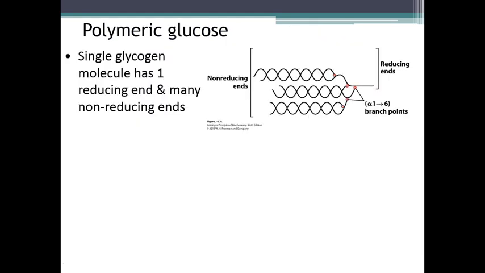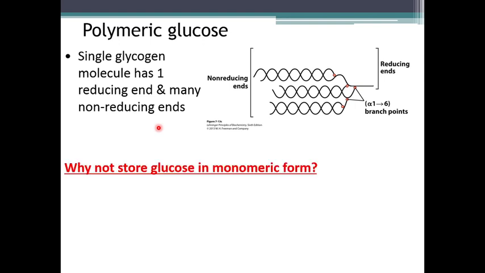As I said before, glycogen is a polymer of glucose with alpha 1,4 glycosidic linkages. And every 8 to 12 residues, there is a branch point in glycogen. In addition, it also has one reducing end and many non-reducing ends. Now, did you know that glucose in our body is stored as glycogen?